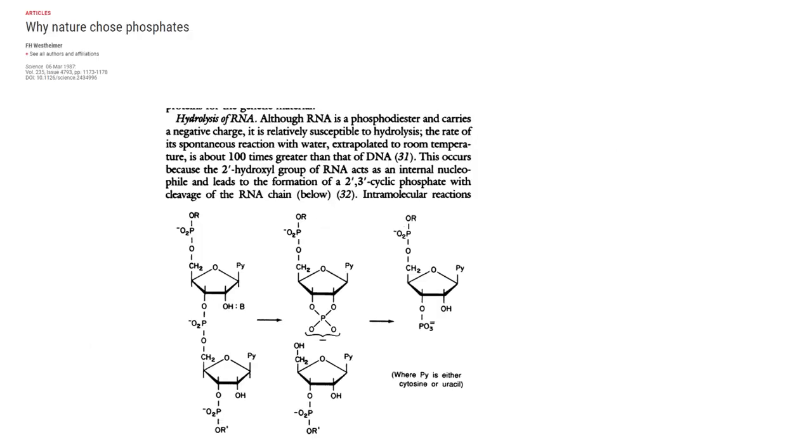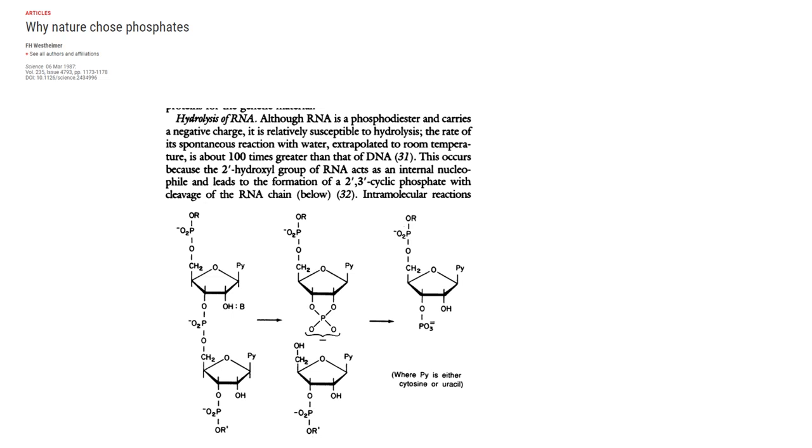So you can see from Professor Westheimer's paper that we referred to earlier, Why Nature Chose Phosphates, the presence of a hydroxyl group at the 2 carbon allows the formation of a 2', 3' cyclic phosphate compound to be made that allows for cleavage of RNA, hydrolysis of RNA.